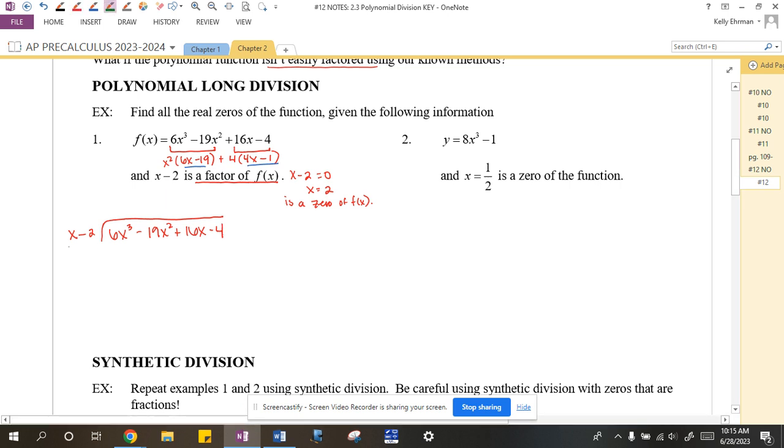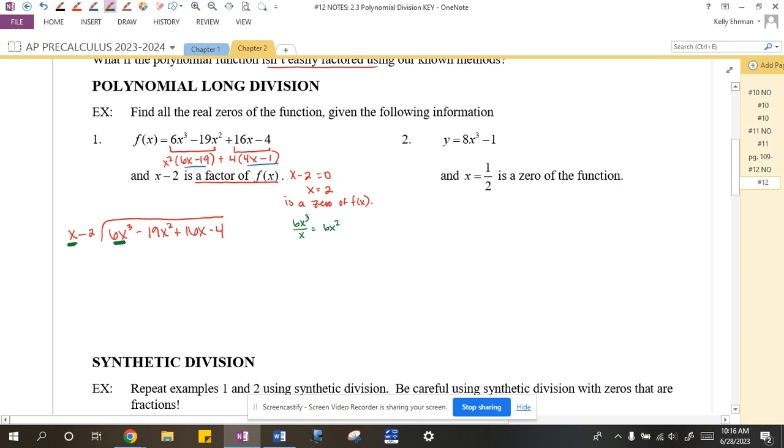And you're just looking at the first term of the divisor and the first term of the dividend. And you're just saying, what would I need to multiply x by to get 6x to the third? Or another way to think of that is, what is 6x to the third divided by x? That answer is 6x squared.